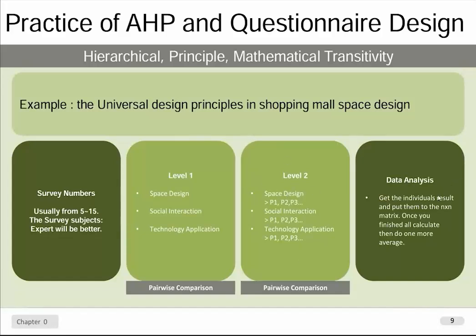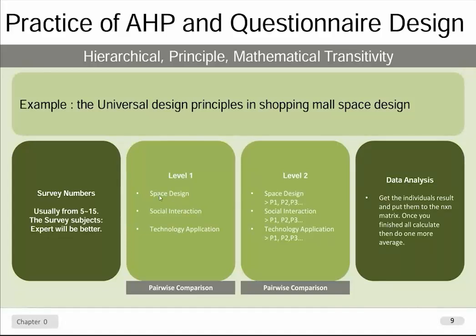And finally, once we finish all the questionnaires, we will put them into a matrix and start to normalize the data and finally get the weight of each element to know which one is more important and which one is secondary. Also in the end, you can do that or not, up to you, okay?